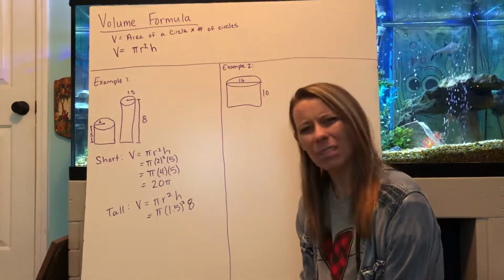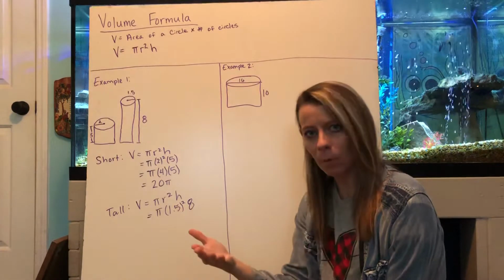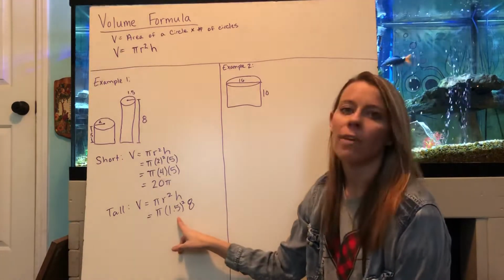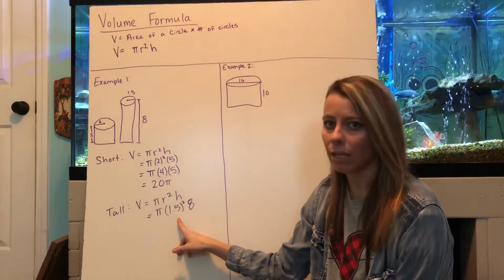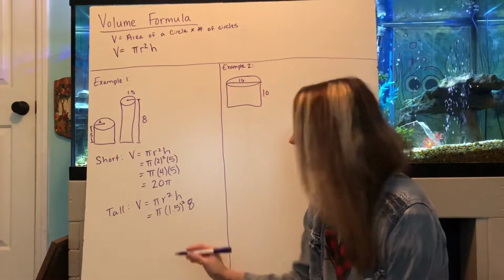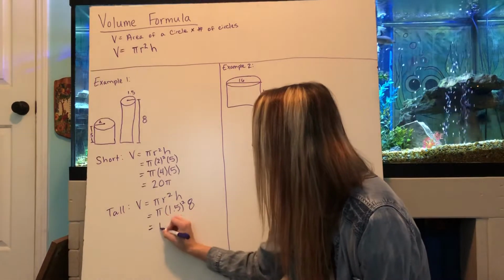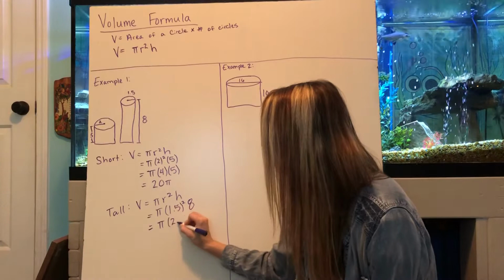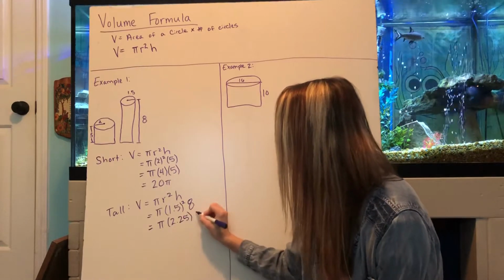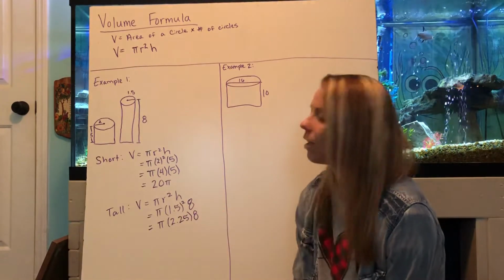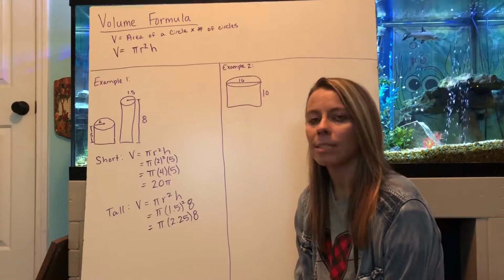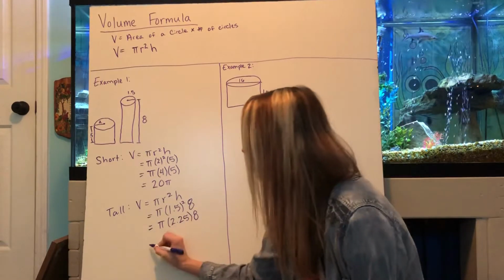Don't forget you have to square it first because of order of operations. So 1.5 times 1.5, if you type that into a calculator, it's 2.25. So we've got pi times 2.25 times 8. 2.25 times 8 gives us 18 pi.